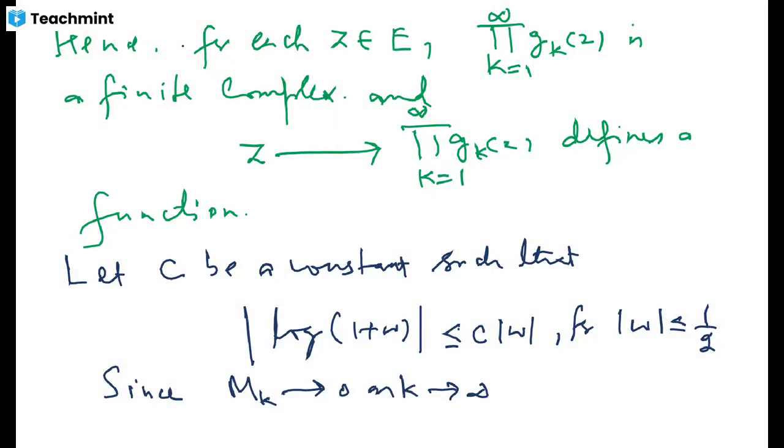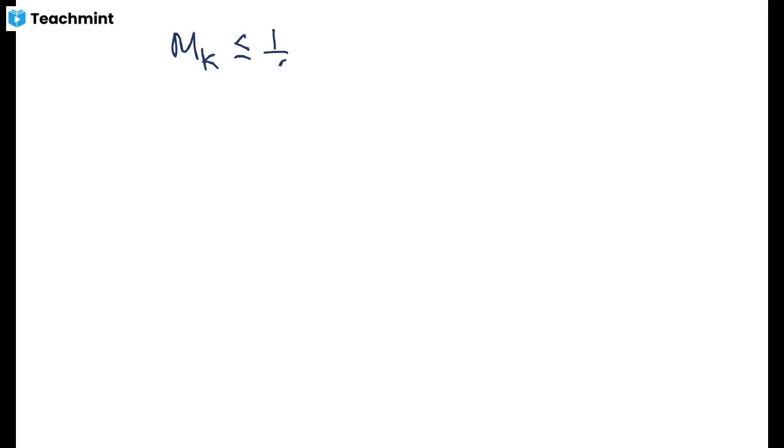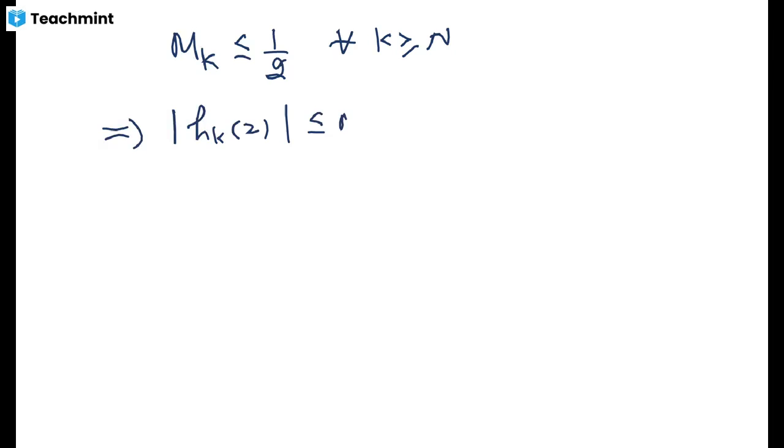So using the definition of the limit, I can choose a number n such that M_k is positive, so no need of mod, M_k is less than or equal to 1 by 2 for all k greater than or equal to n. You are taking epsilon equal to 1 by 2. So it follows that mod of h_k(z), which is less than or equal to M_k, is less than or equal to 1 by 2 for all z in E and k greater than or equal to n.